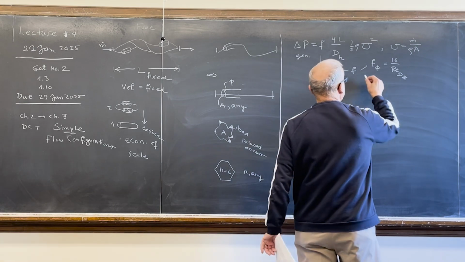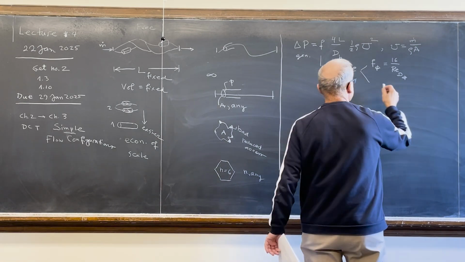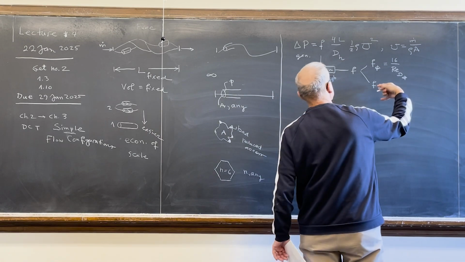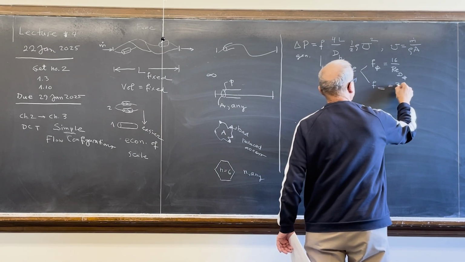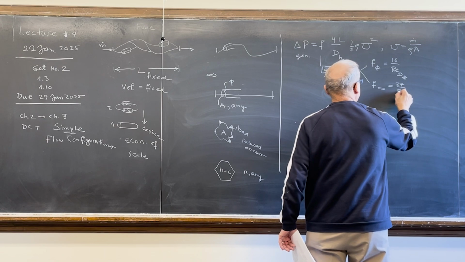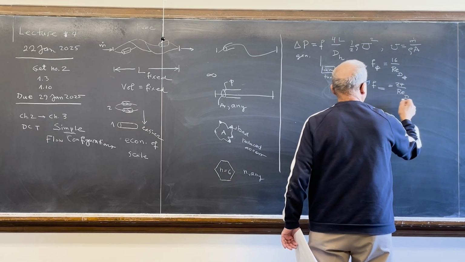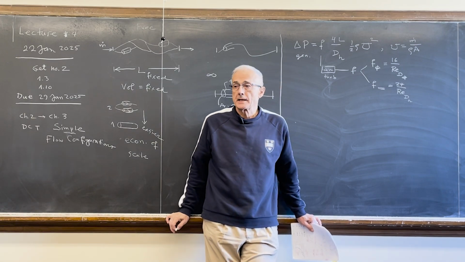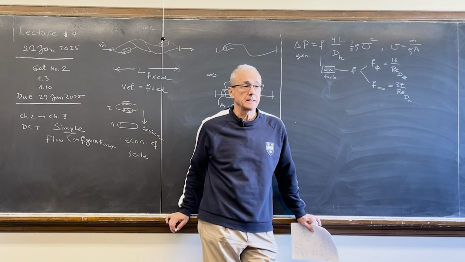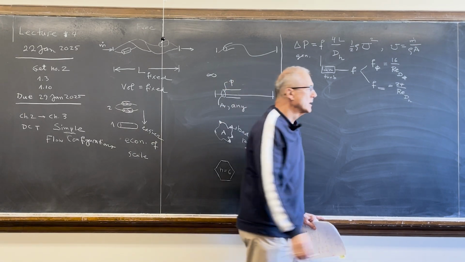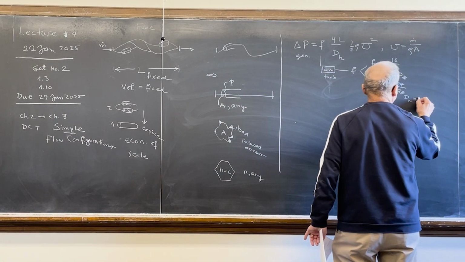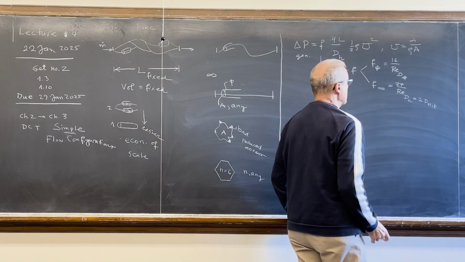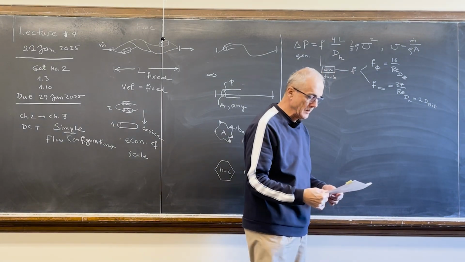And for the other extreme, which is the flow through a slit perpendicular to the blackboard like this, it is 24 over the Reynolds number based on the hydraulic diameter, where the hydraulic diameter is twice the slit spacing. These are items of review.